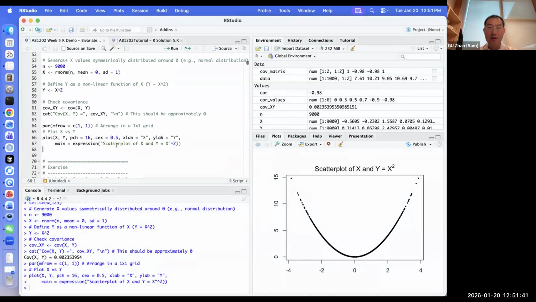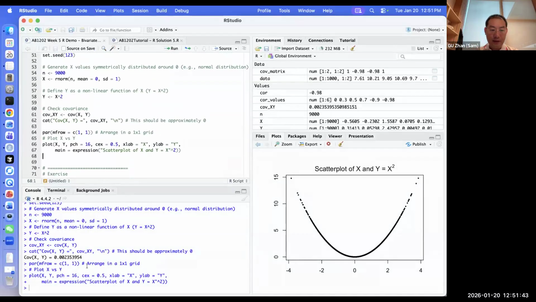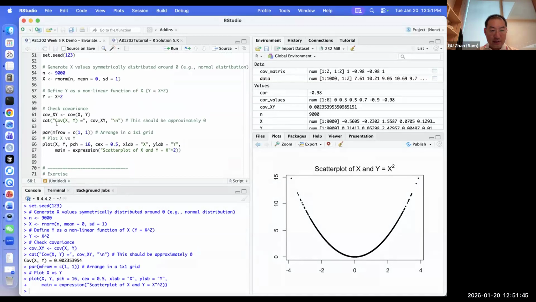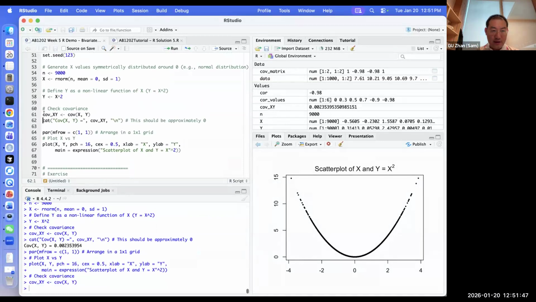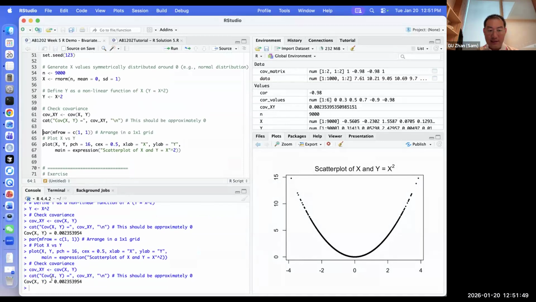You can actually calculate the covariance of xy, it is near zero, 0.002353. But clearly there's a nonlinear relationship.